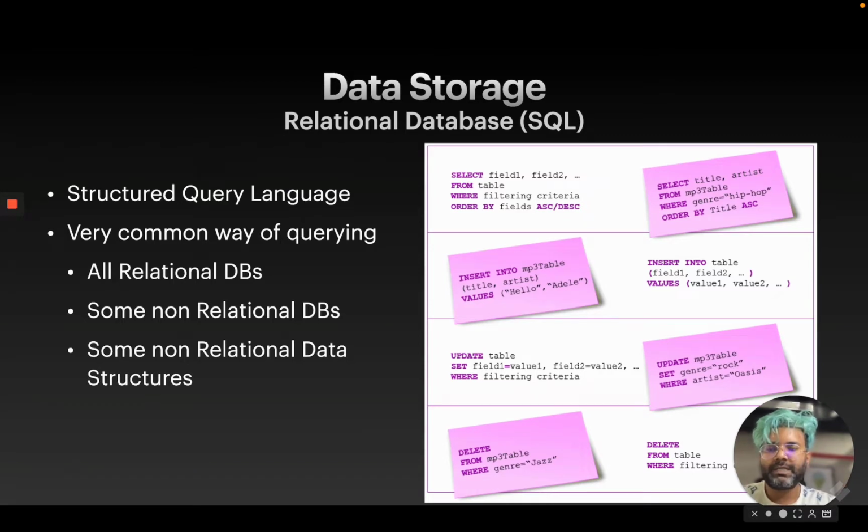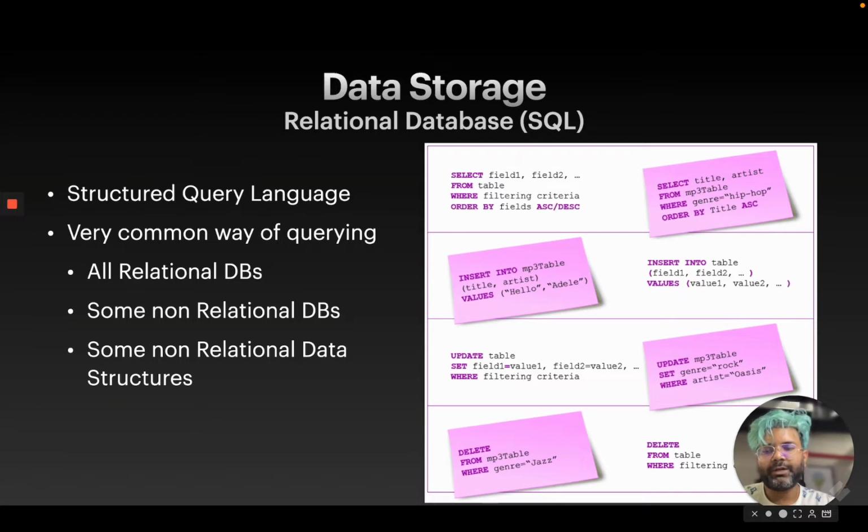Now SQL is a very common way of querying, and although it was natively developed for relational databases, practically you will find SQL in almost every data storage and retrieval system that you are using. They may not be exact SQL, because there are some very slight differences between the syntax of SQL queries depending on the database or the data storage system that you are interacting with.